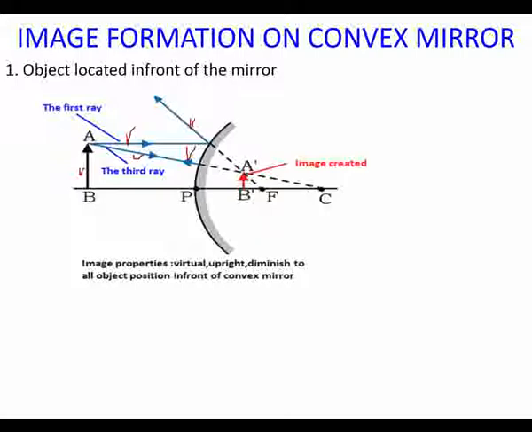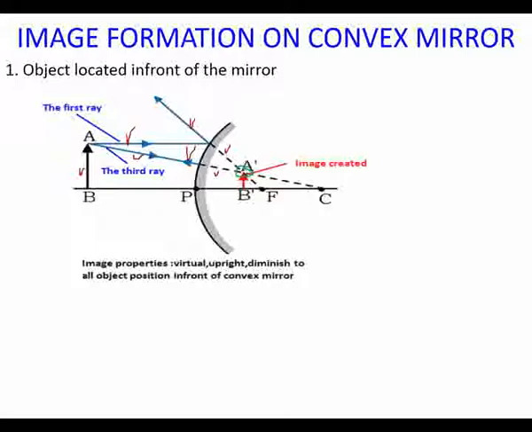As you can see, the two reflected rays don't intersect each other. Because of that, the two reflected rays will be extended using the dash line behind the mirror. The dash lines will intersect at one point. So the image will be created at the point of intersection, as shown by the red arrow.